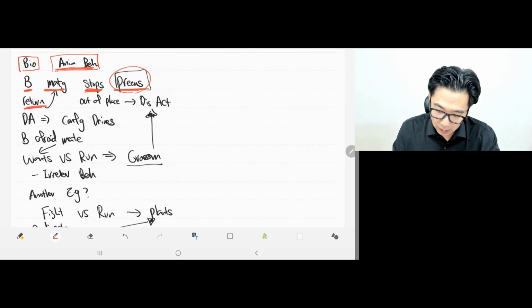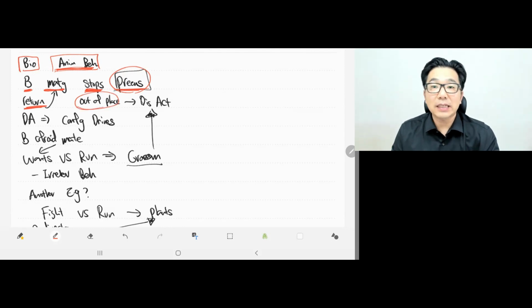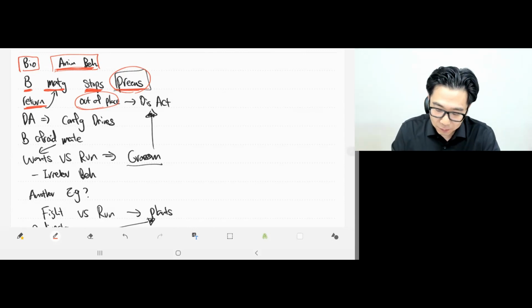When an animal does something that is completely out of place, meaning something that doesn't make sense, out of context, illogical, irrelevant, inappropriate at that time, that's out of place. So when an animal suddenly does something completely out of place, it is displacement activity.